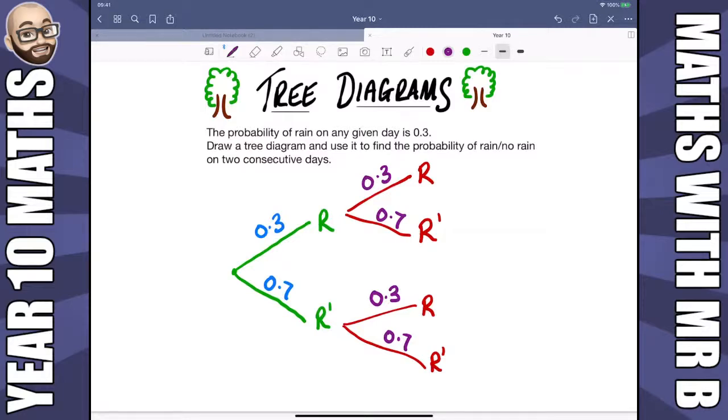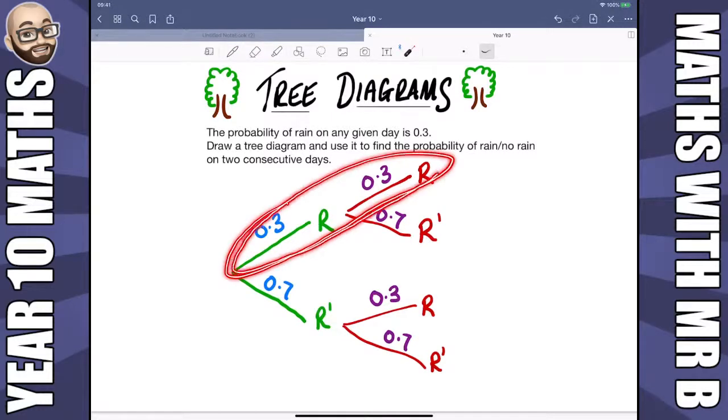So all I'm going to do is for each possible branch combination, I'm going to multiply those probabilities, and that will give me the joint probability of that thing actually happening. Sounds a bit complicated, but it's not. So for example, if I want it to rain and rain, that's this part of the diagram here. It rained on day 1 and then it rained on day 2.